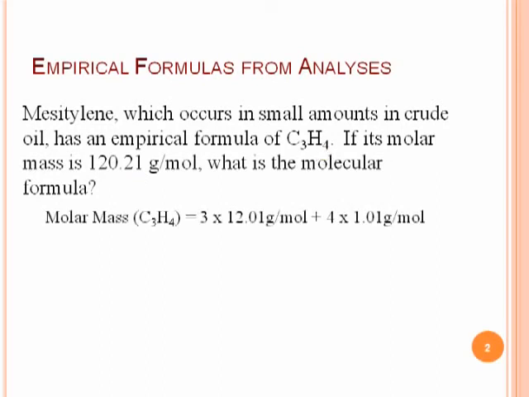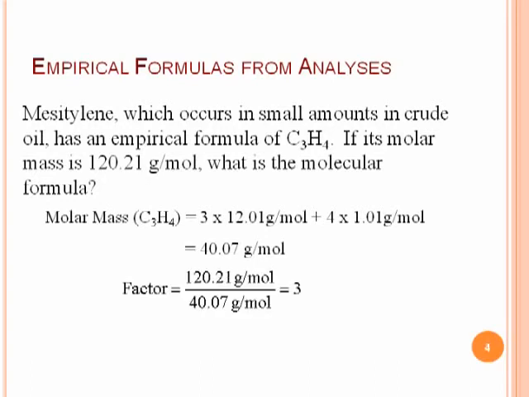We've got 3 carbons at 12.01 grams per mole and 4 hydrogens at 1.01 grams per mole. Adding that together, we get 40.07 grams per mole. And we want to see how many times that goes into our molar mass. Dividing it out, we get essentially 3, because 120 divided by 40 is 3.